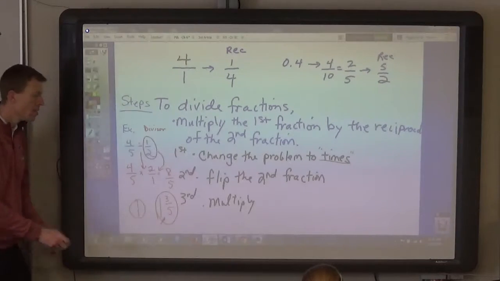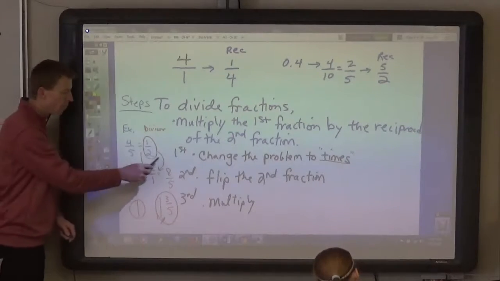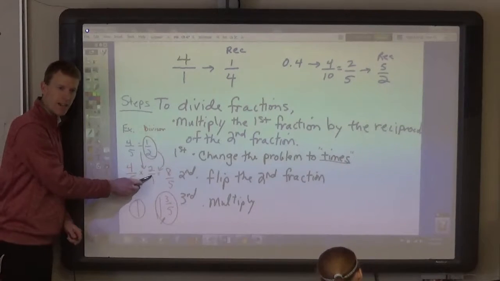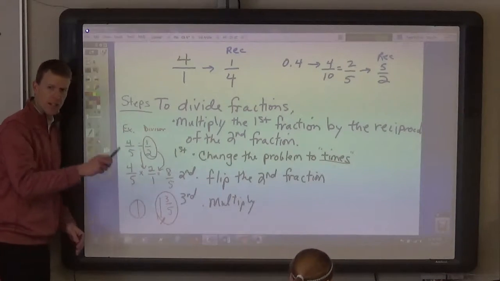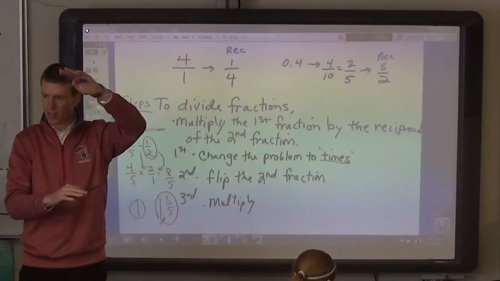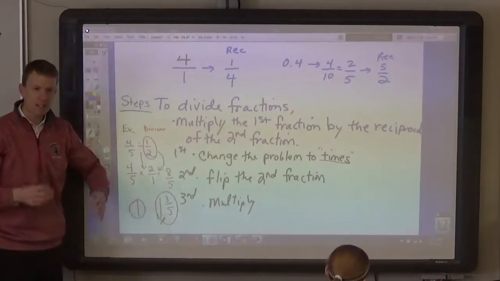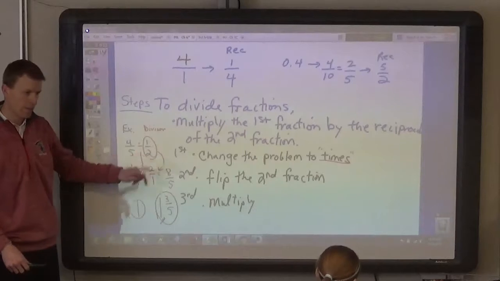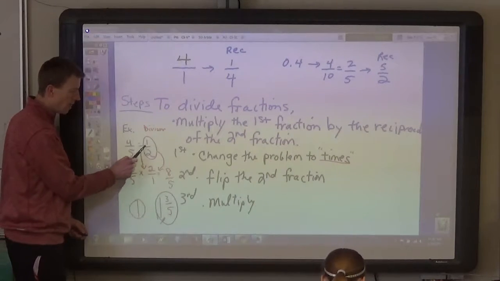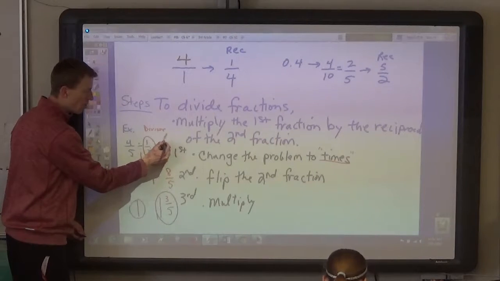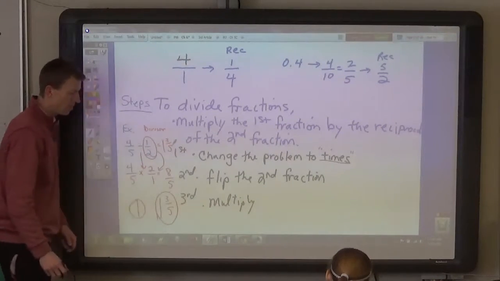Okay? We do not need to re-flip it at the end. You only flip it in order to find the answer. Once you change it to multiplication and you flip that fraction, whatever you find when you multiply is the answer to the division. So the answer is 4/5 divided by 1/2 equals 1 and 3/5.